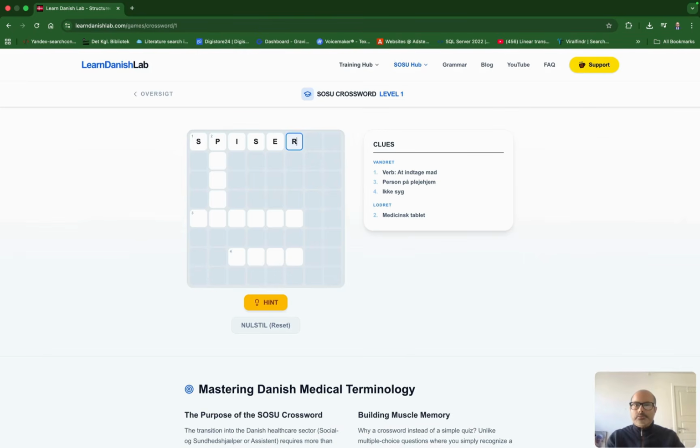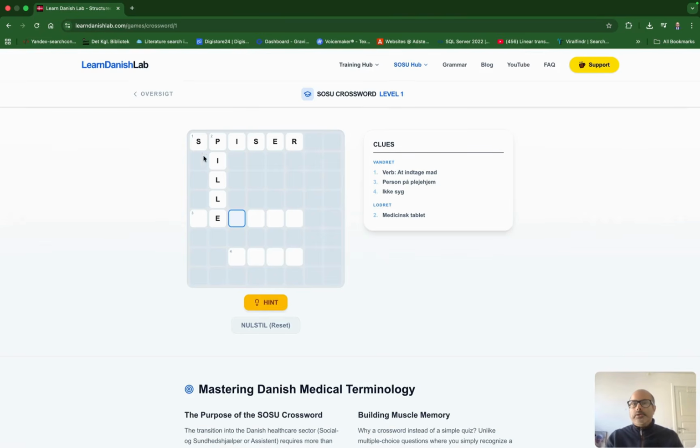That means to eat. Then if I go to the second option here, number two, medicinsk tablet. That means pills. In Danish, it is called pille, pill.